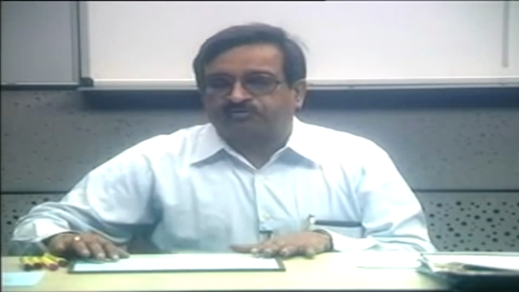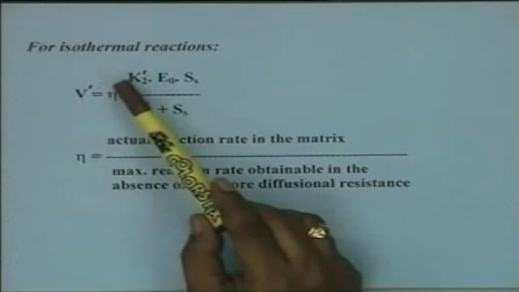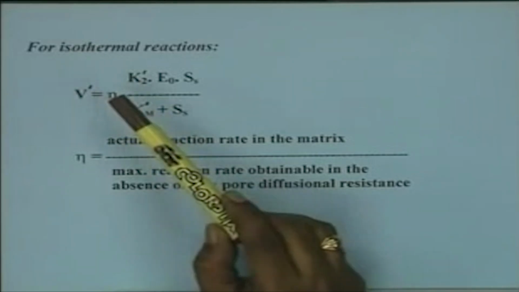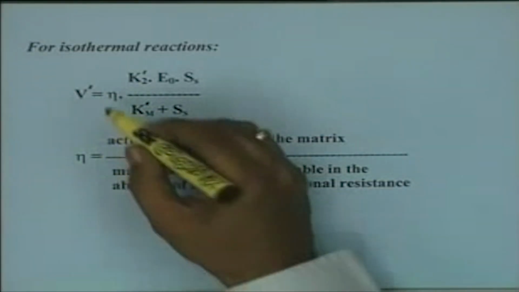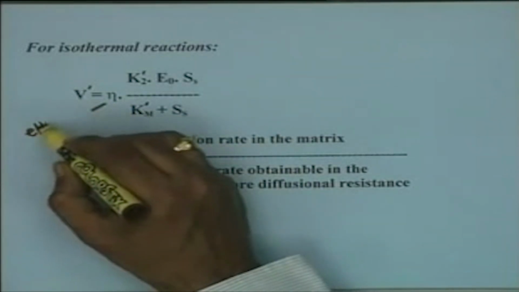Now, in general, for an isothermal reaction, which most enzyme catalyzed reactions usually are, the effect of internal pore diffusion can be expressed in a parameter we know as the effectiveness factor. The eta is called the effectiveness factor.